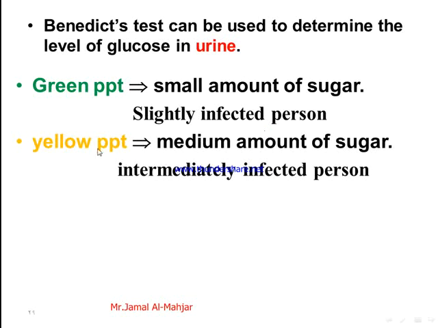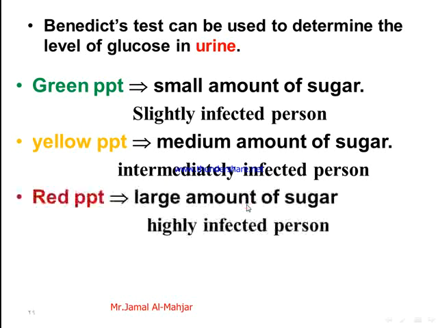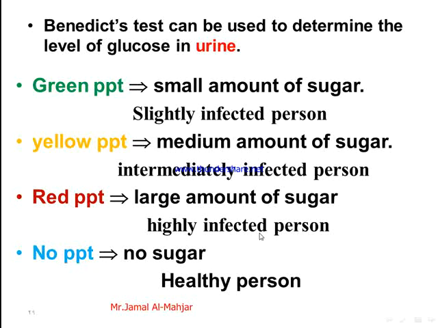If you get a yellow precipitate, that means you have a medium amount of sugar, so you are an intermediately infected person. If you have a red precipitate, that means you have a large amount of sugar, so you are a highly infected person. If you have no change of the blue solution, that means there is no sugar. It means you are a healthy person.